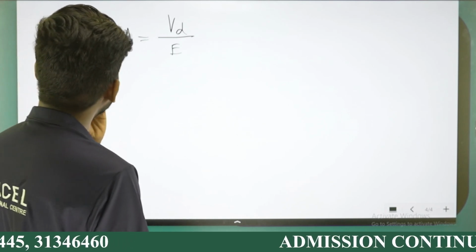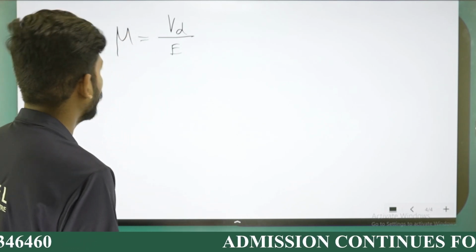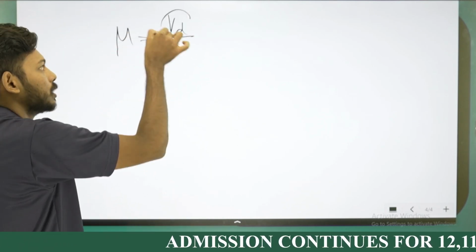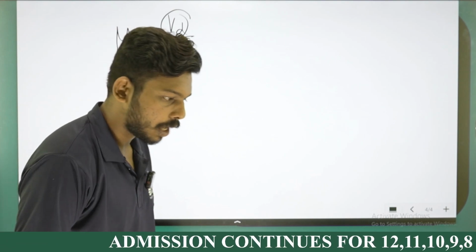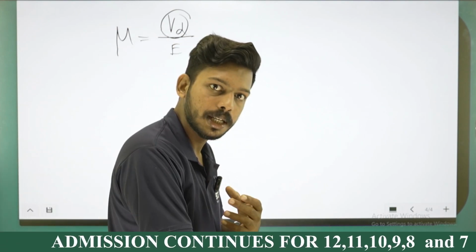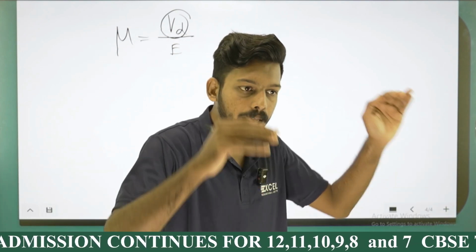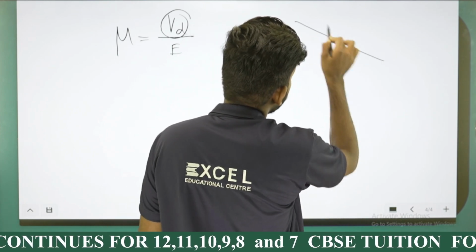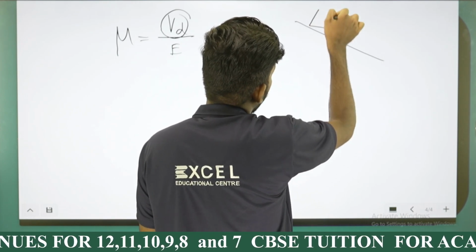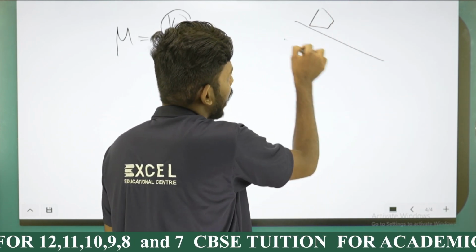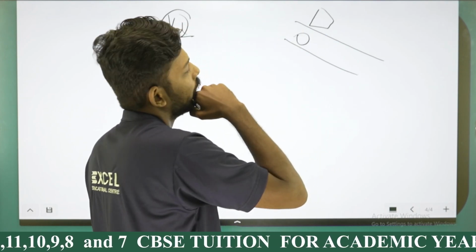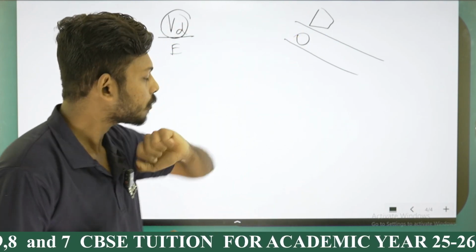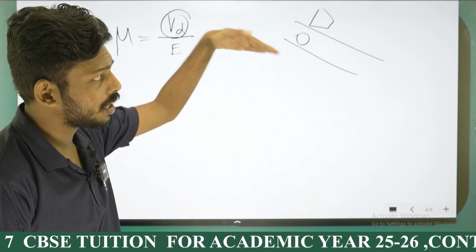How do we end up with an equation like this? Mobility means movement, and movement is the velocity. If a body has high velocity, the mobility is high. If a body has low velocity, the mobility is low. Just consider these two cases. I'm placing a square-shaped object and a spherical-shaped object on an inclined plane.